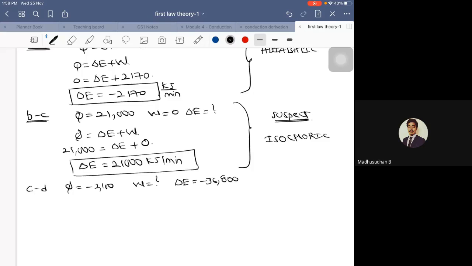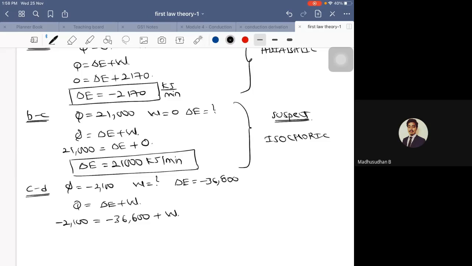Apply the first law, which is Q equals delta E plus W. Q is minus 2,100, which equals delta E, minus 36,600, plus the value of W we need to calculate.